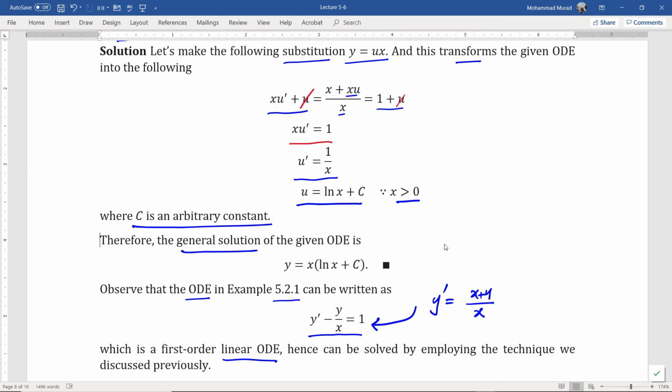Hence, it can be solved by employing the technique we discussed previously. Please try to solve this equation also by the method of linear first-order ordinary differential equations, and verify this method would also give the same solution as we obtained by the method of substitutions.